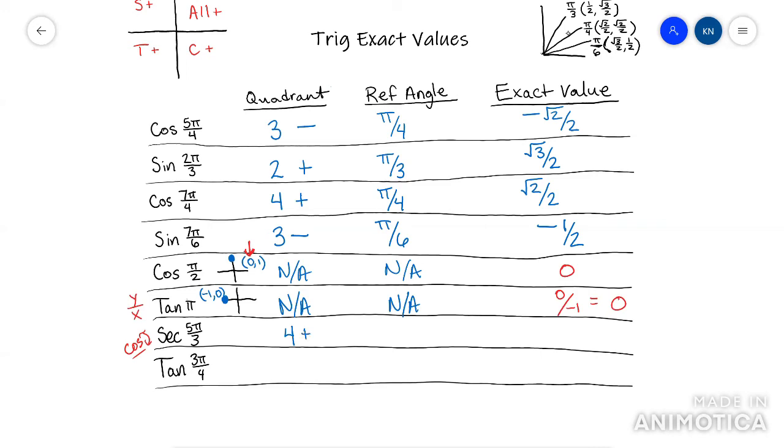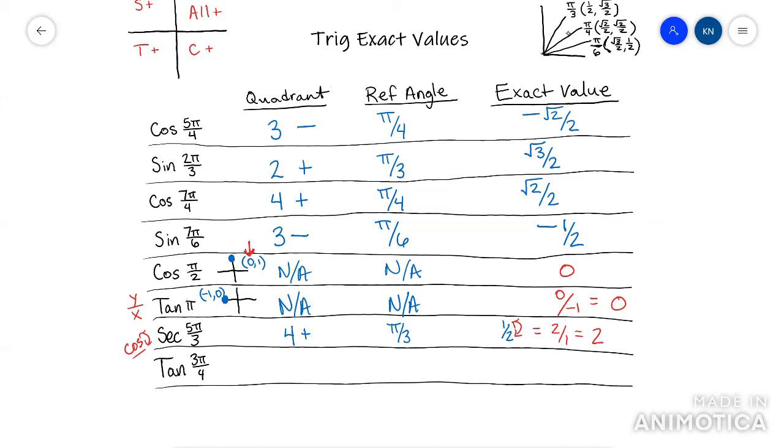So I know my answer has to be positive. My reference angle is pi over 3. So all I do is I find pi over 3, and I find the cosine for it, 1/2, and I'll go ahead and write that down. But since I want secant of that, now I have to flip it. So my answer is 2 over 1, or just 2.